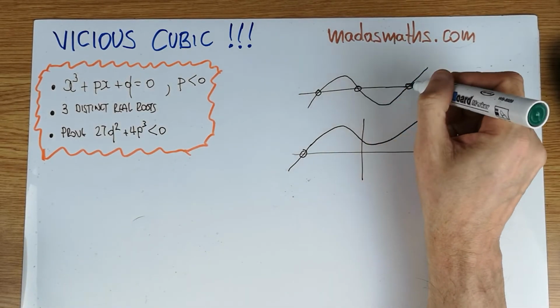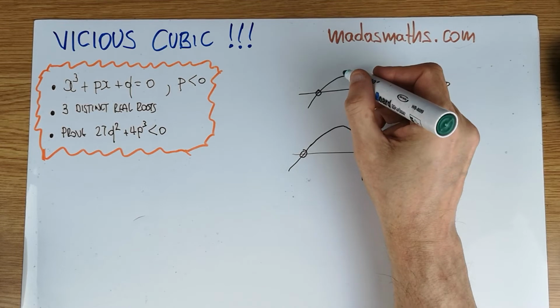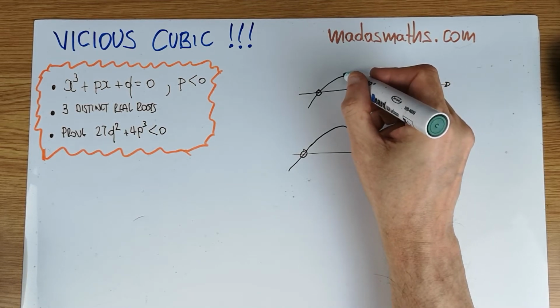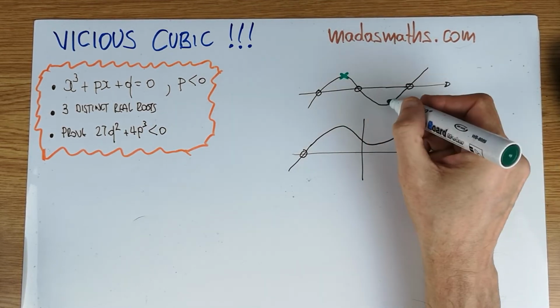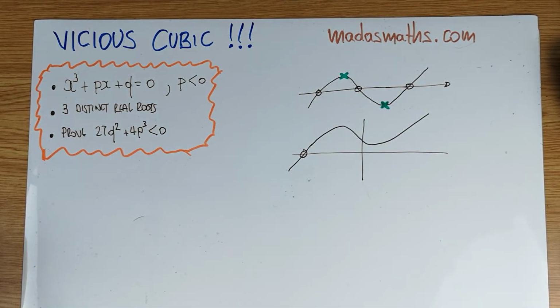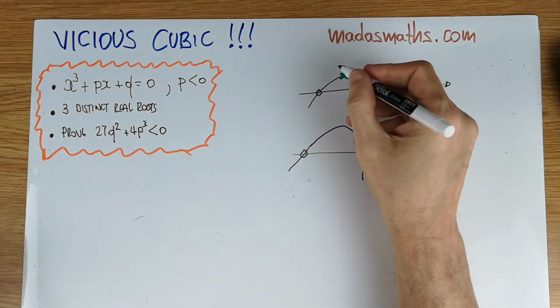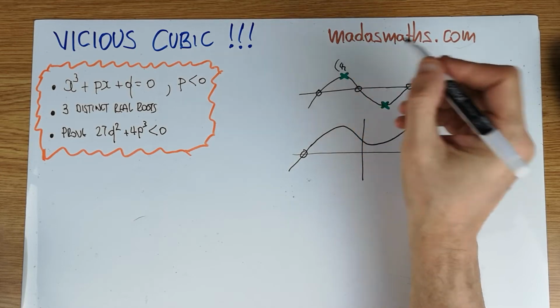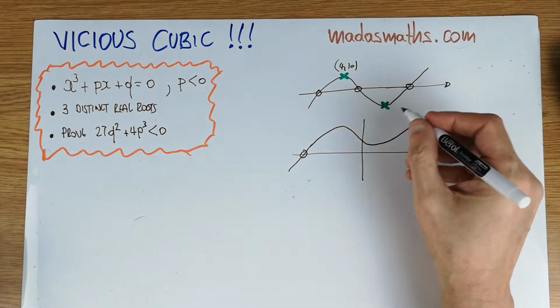If we have three distinct real roots, 1, 2, 3, then the y-coordinates of the two stationary points will have opposite signs. Let's put some numbers so we can actually see it. Let's say this point here has coordinates 4, 10.